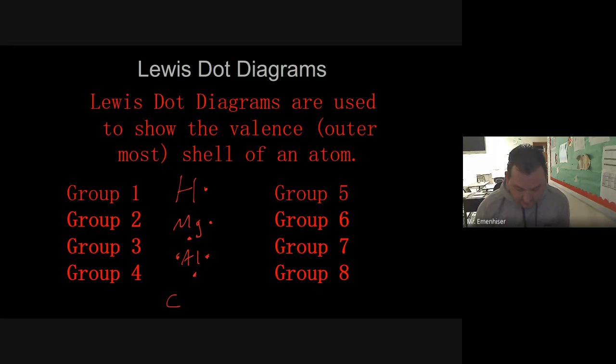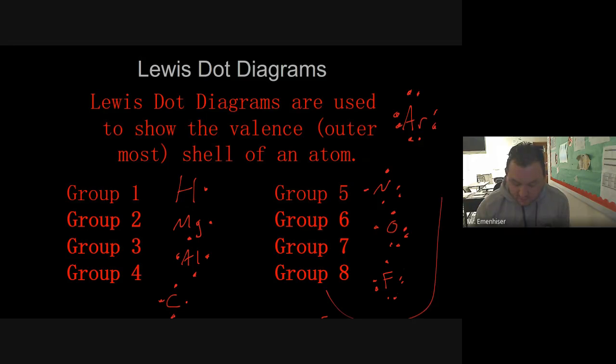And then carbon is group 4. Nitrogen is group 5, so 5 dots. Oxygen is group 6 with 6 dots. Fluorine is group 7 with 7 dots. And then let's do argon up here. Argon will have 8 dots. So we have 4 pairs. And then it's full, okay? So that's the full outer shell.